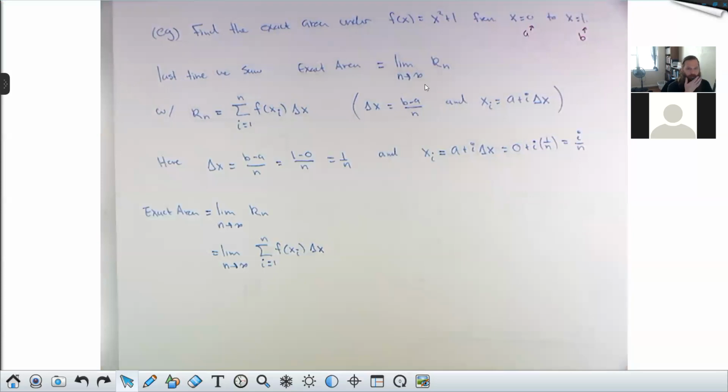Not doing anything yet, just getting started setting up. Now I'm going to begin to plug things into this rather scary looking formula. The things that I just calculated are what I'm going to plug in. Delta x is 1 over n, and the xi's, these are my sample points, are i over n.